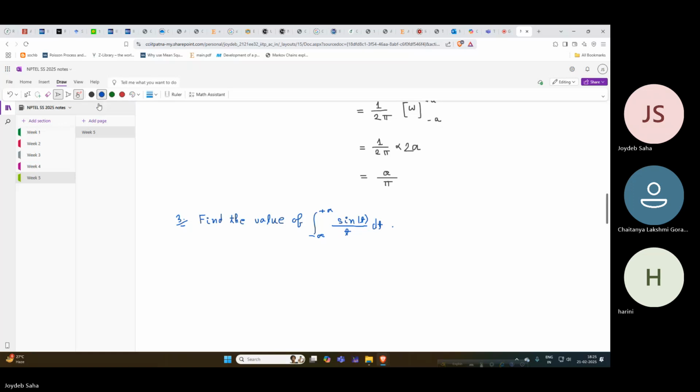So find the value of the integral from minus infinity to plus infinity of sin t by t dt.